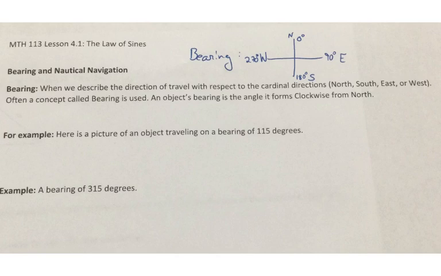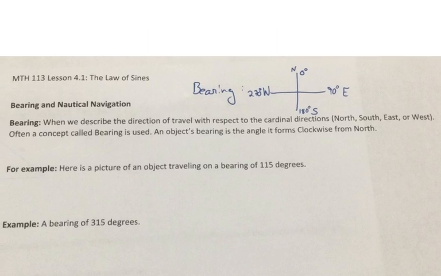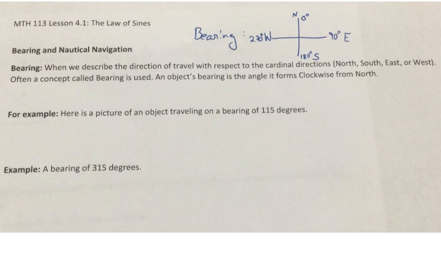So, for example, a picture of an object traveling on a bearing of 115 degrees. Could you figure out what that would look like? 115 degrees. It would be in which quadrant? The fourth. And that would mean this angle would be 25. Right? Because 90 is due east, so 115 would be 25 more than that.